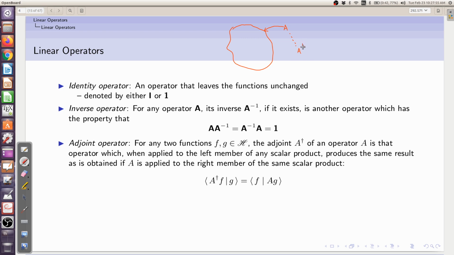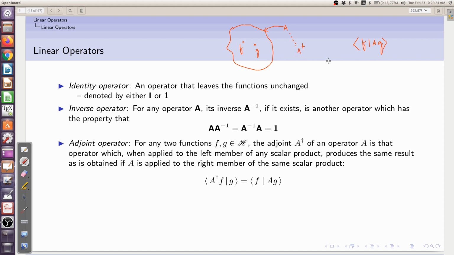The property of A dagger is this: suppose I take any two vectors in this vector space, f and g, and I want to operate on this scalar product. I have f and I have g, and I apply A on g.